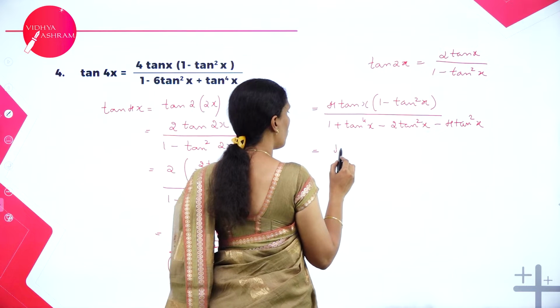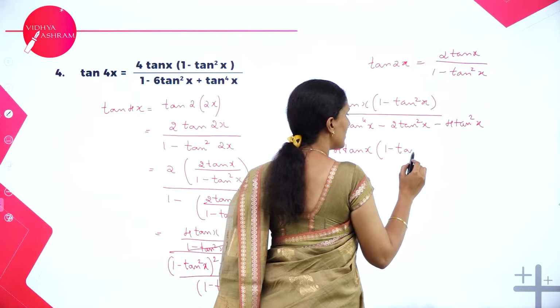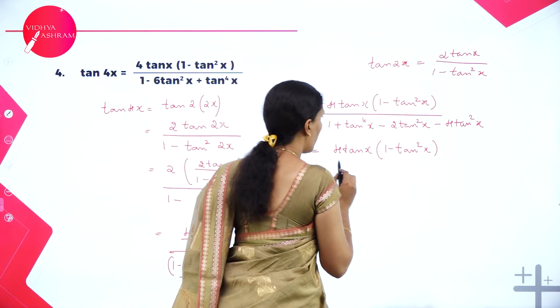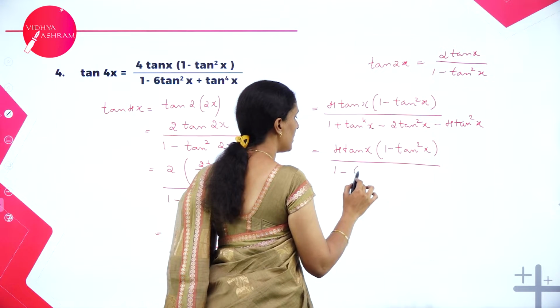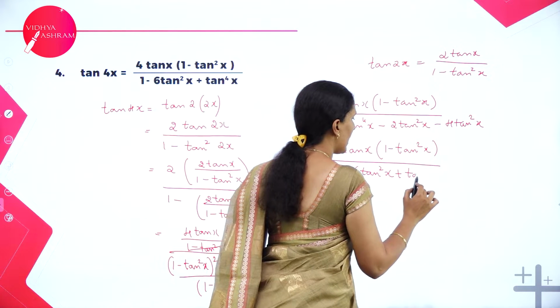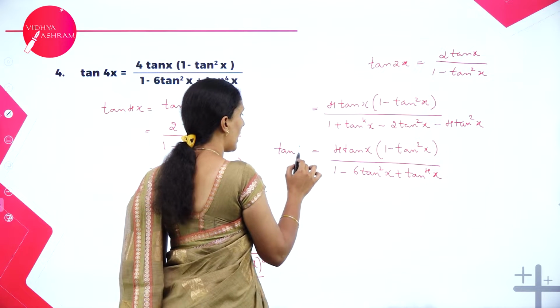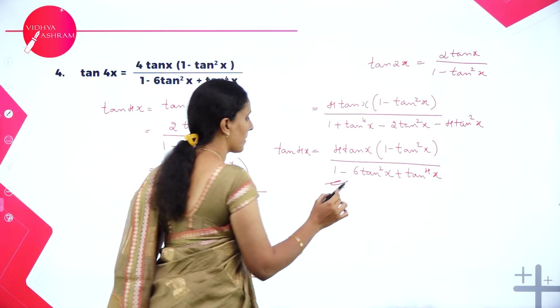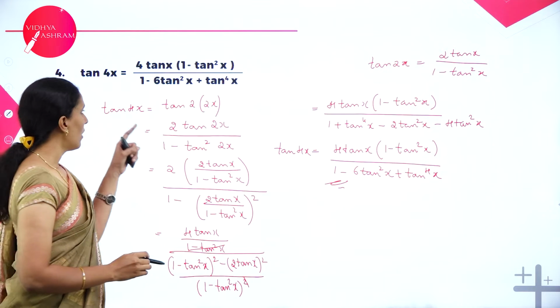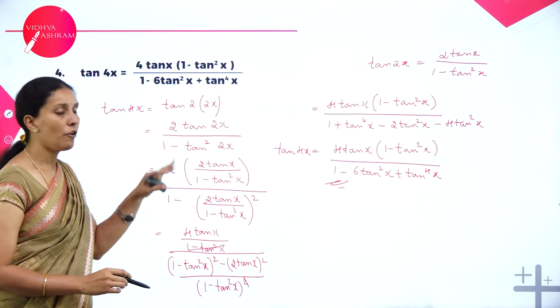So this is now 4 tan x into 1 minus tan square x, whole divided by 1 minus 6 tan square x plus tan power 4 x. So this is tan 4x. So using the multiple angle formula of tan 2x, we can derive tan 4x.